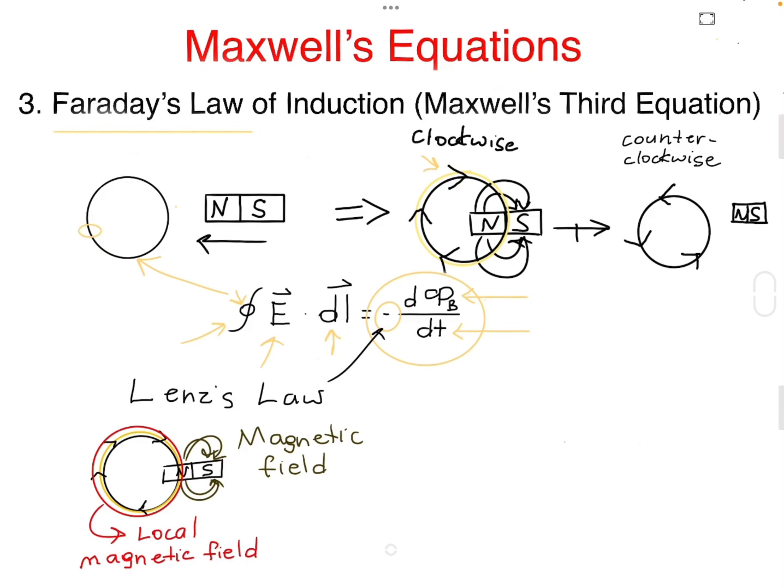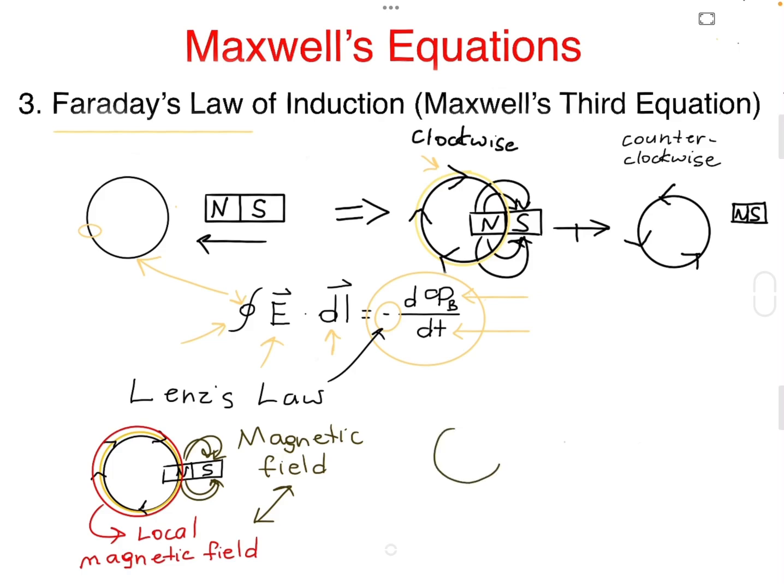So what does Lenz's law say? This new field always acts to oppose the change that caused it. So this local magnetic field will always be opposite; you can see its direction is opposite to the main magnetic field.